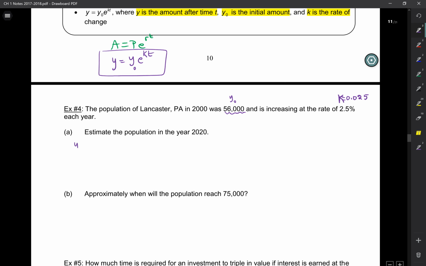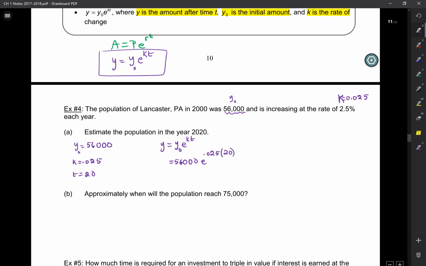So let's write down what we have. Y naught is 56,000. K, 0.025. T, 20. So Y is equal to Y naught e to the kt, 56,000 e to the 0.025 times 20.